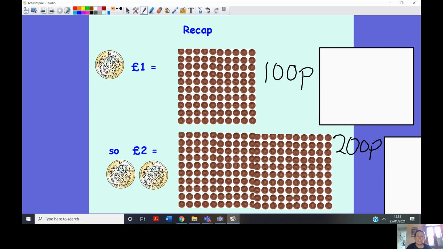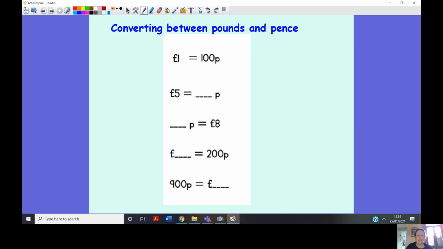Therefore, we're counting up. If £1 is worth 100 pence, £2 is worth 200 pence, £3 is worth how many pence? 300 pence. Well done. Let's put that all into practice now, quickly.